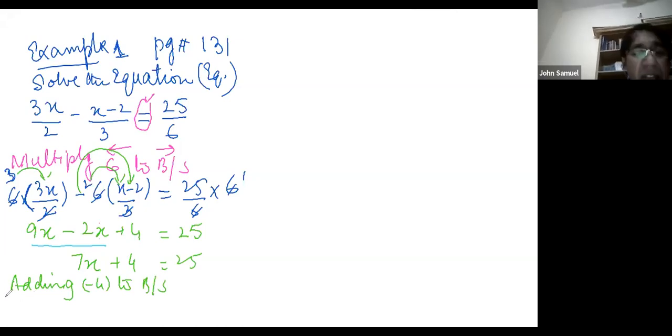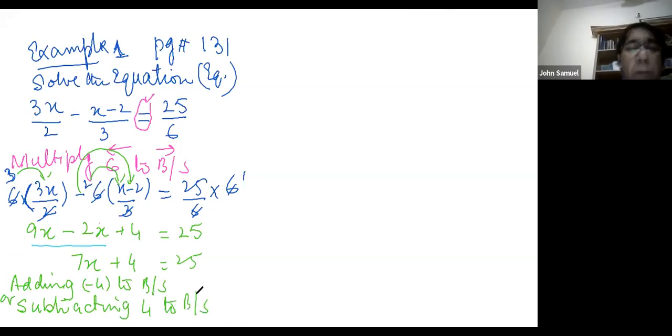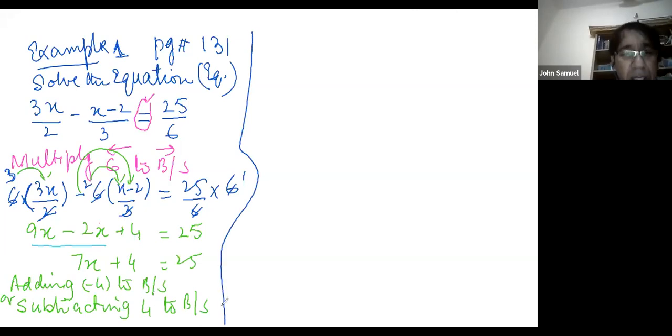Even we can write the statement like this: subtracting 4 to both sides. Both statements are 100% correct. See what I've used, adding minus 4. Here I said adding minus 4. Here I have directly written subtracting 4 to both sides.